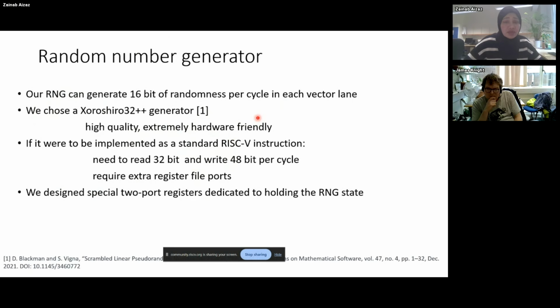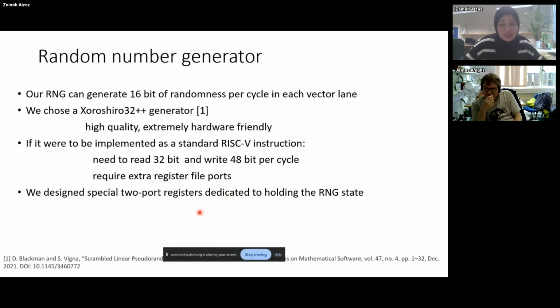And if we had to do this random number generation using standard RISC-V, we would need to read 32 bits and write 48 bits per cycle, which would require extra register file ports, and that would obviously create a mess in the CV32 or the RISC-V processor.